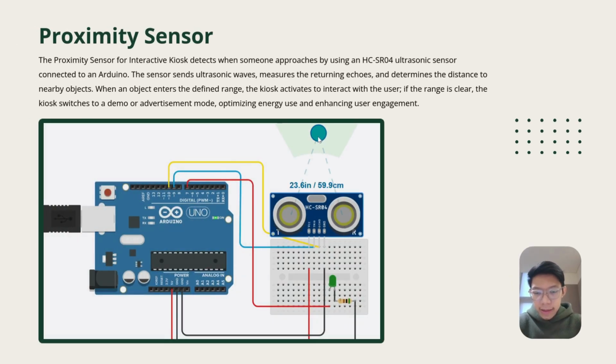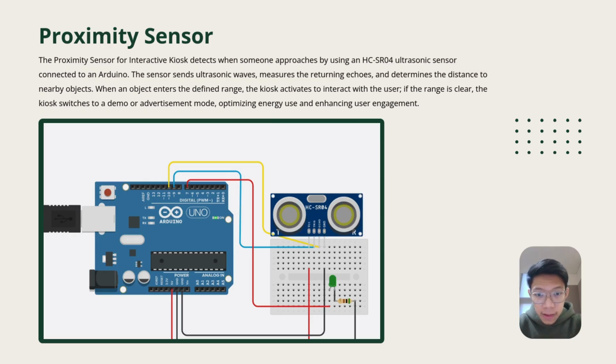While the central processing unit, the CPU, is controlling most of the advanced and complicated parts, we implemented the Arduinos for the easier ones using different sensors and code. The first one is the proximity sensor. It is for detecting whether an object is near the kiosk or not.